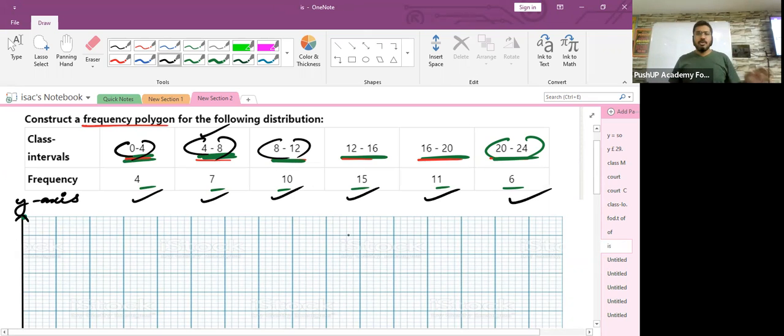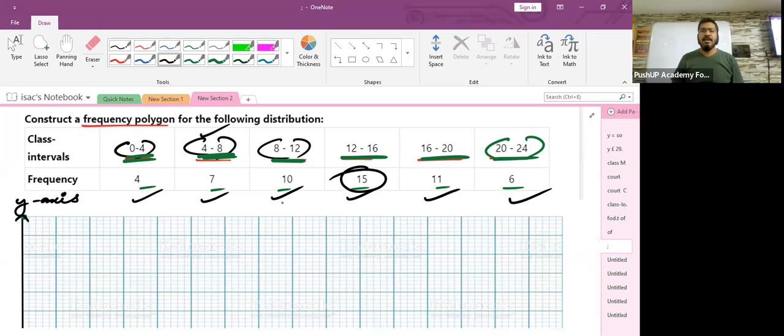But children, you should be very smart and wise while giving the values on the y-axis. At times you will give values to the y-axis, but you will not be able to accommodate 15 because there was no planning in doing it.